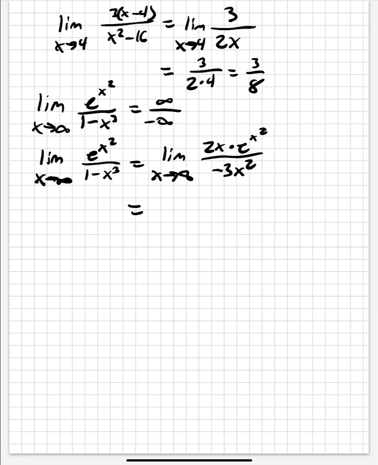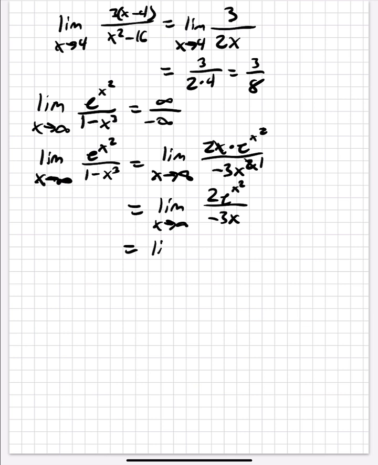All right, so I'm going to go ahead and divide out this x. So I really have the limit as x approaches infinity of 2e to the x squared over negative 3x. If I plug this in, I'm still getting infinity over negative infinity, so I am still not completely satisfied with my answer.